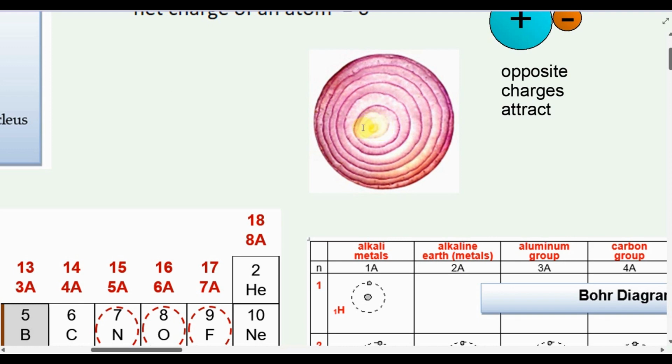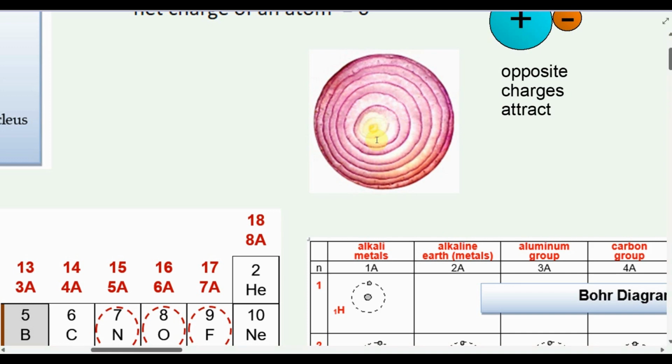The electrons are then situated in various layers. We call them shells in an atom. So in fact, we have 7 shells. Here's the first shell, there's the second, the third, the fourth, the fifth, the sixth, and the seventh. The shells that are closest to the nucleus are smaller and therefore can only hold a few electrons.